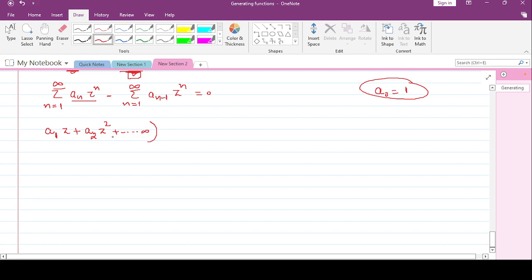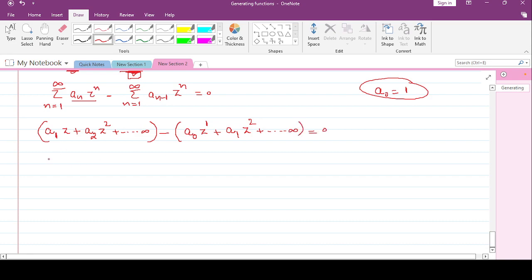For the other sum, set n equal to 1, so it is a_0 z raised to the power 1. Set n equal to 2, so 2 minus 1 is 1, it is a_1 z raised to the power 2, and so on. It is equal to 0.